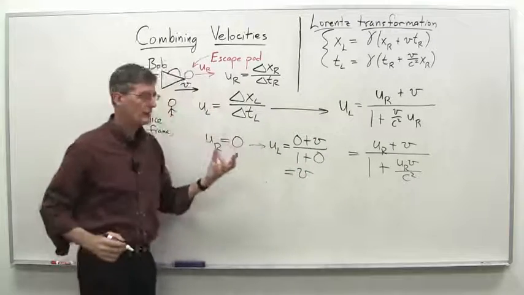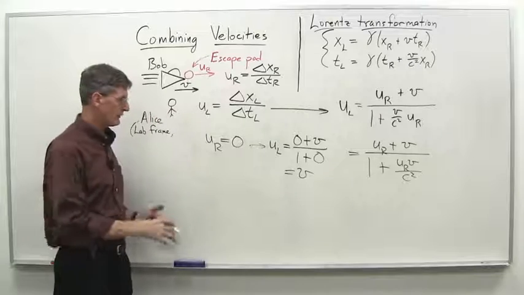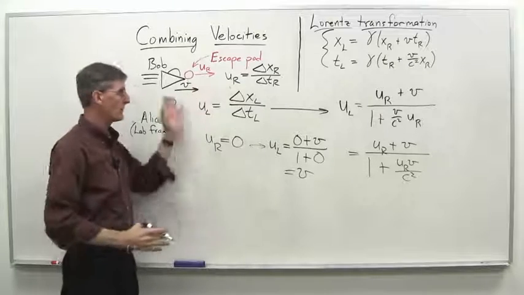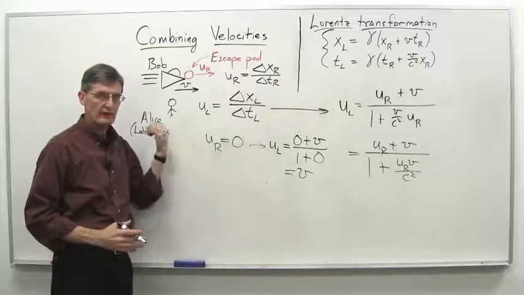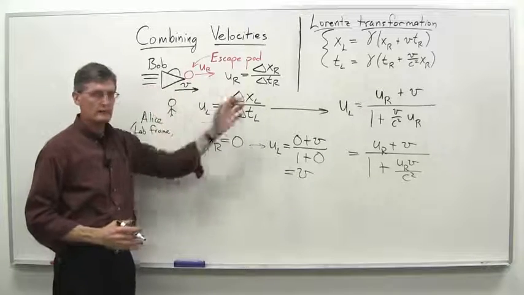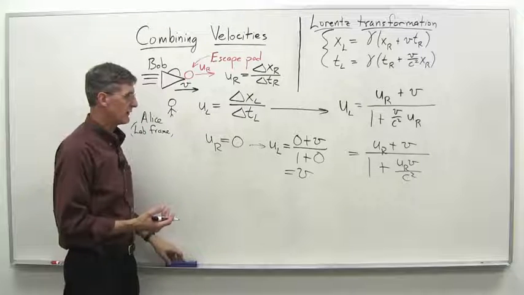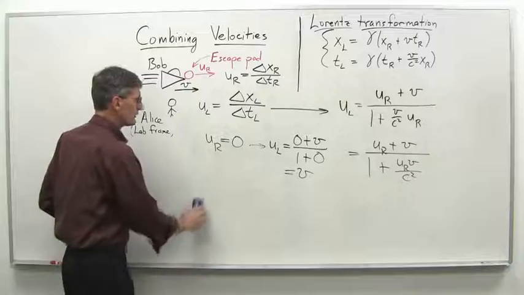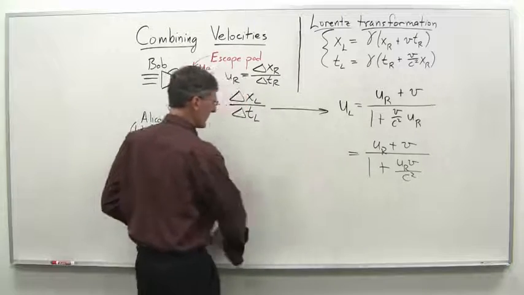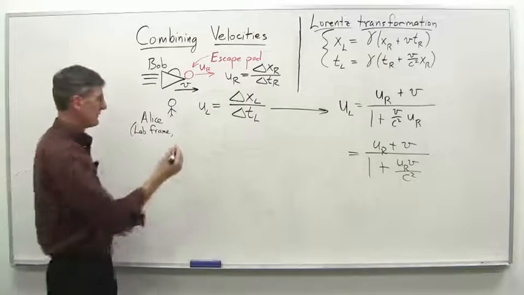And that's exactly what we'd expect to get. So if the velocity of the pod, or whatever the object is, is 0, then the velocity as Alice sees it of the object is just the difference in the frames of reference, really, the relative velocity between them. So that's one thing to check. Let's do another one here. Okay, so that checks out. What if v is 0?